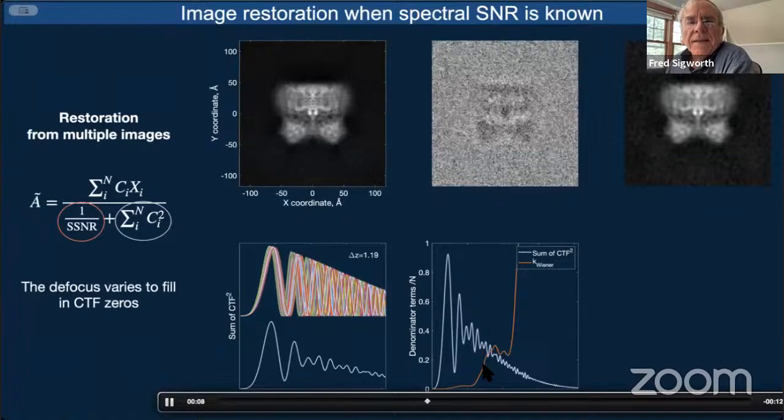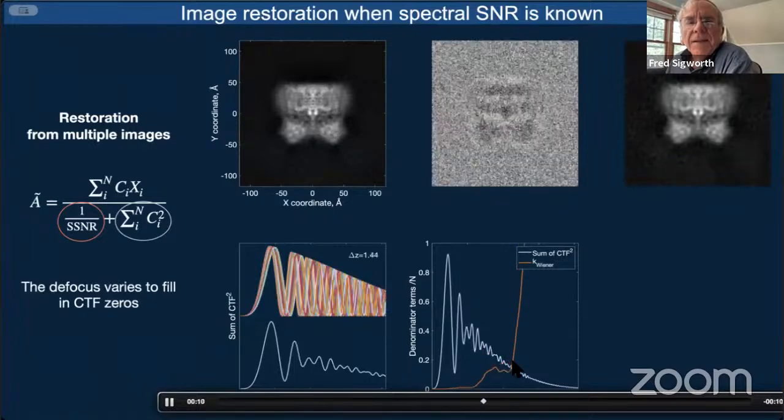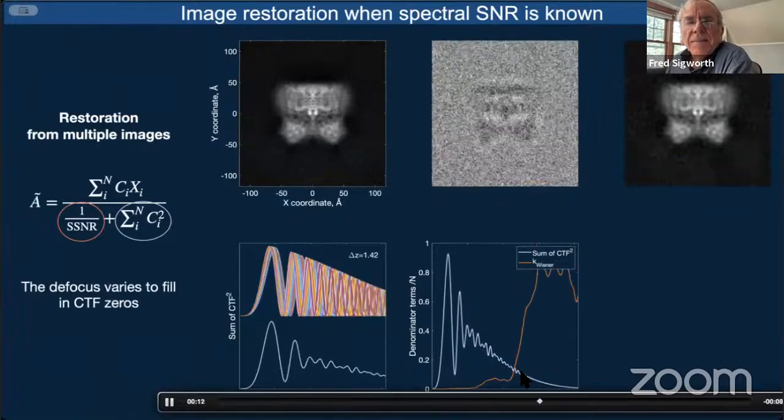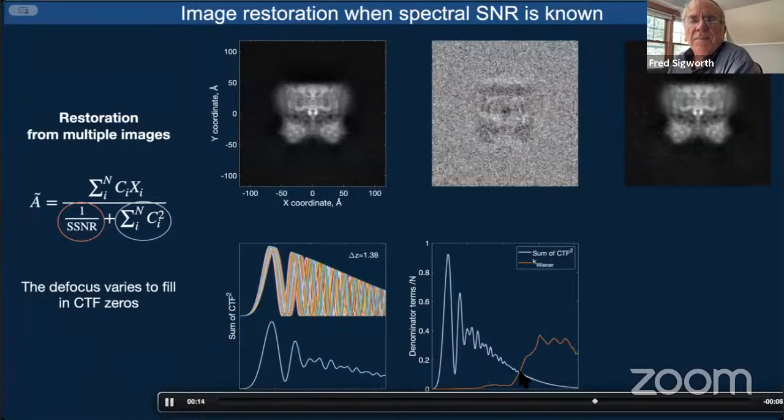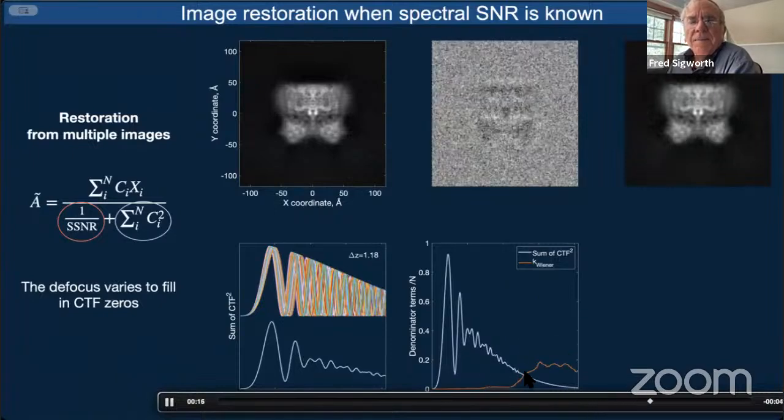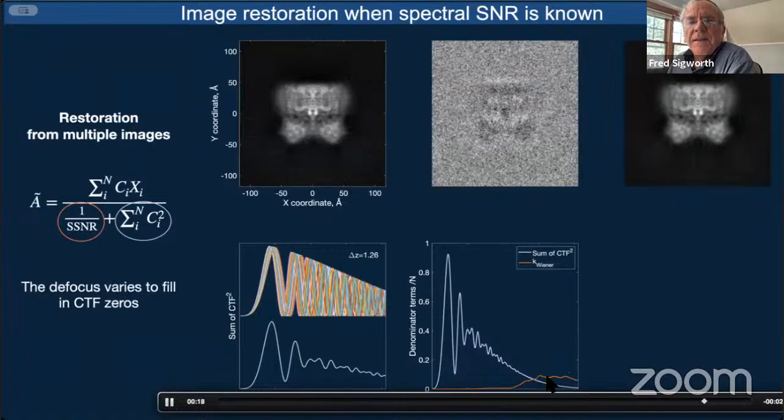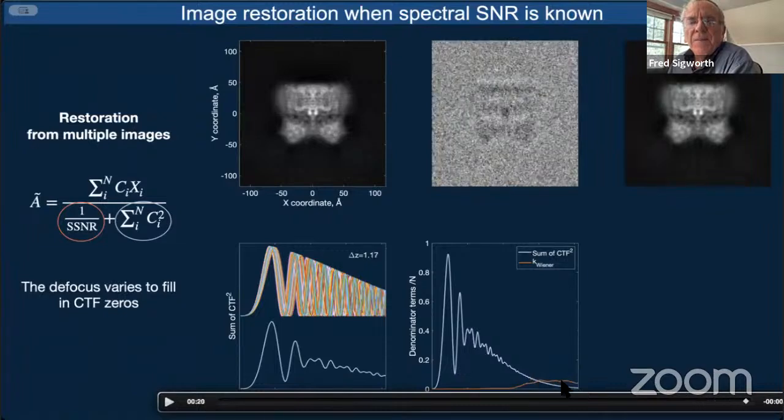So what's happening is you can see as we proceed, we get higher and higher resolution points at which the terms in the denominator switch dominance.